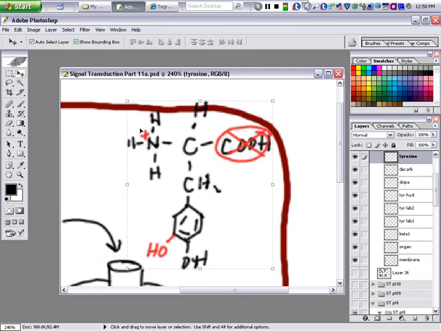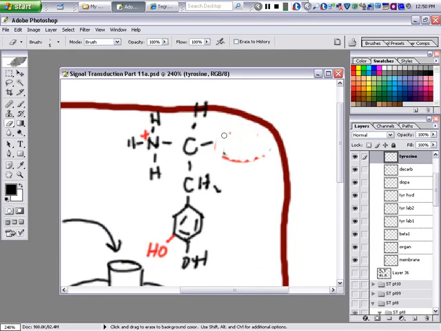This is dopamine. What we've done is lose the carboxyl group, and now we have dopamine.